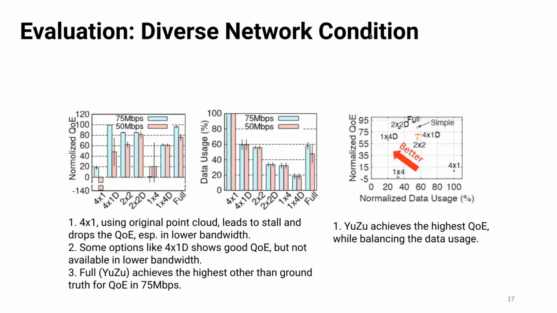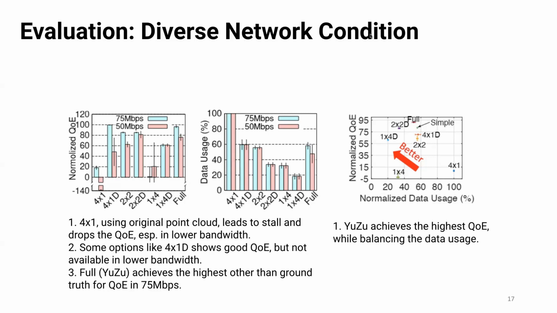They also tested their system in diverse network conditions, and there are some takeaways. 4x1, which uses the original point cloud, the ground truth, leads to stalls and drops the QoE, especially in lower bandwidth. When you see 50 Mbps in that figure, it actually goes down and shows a negative QoE.